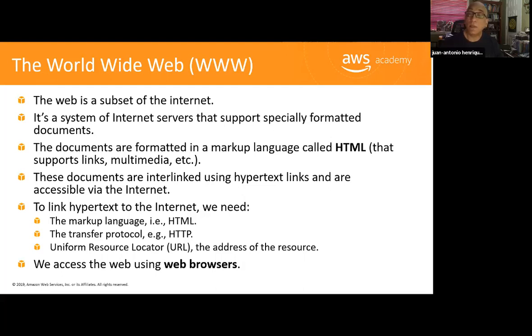These documents are interlinked using hypertext links and are accessible via the internet. To link hypertext to the internet, we need the markup language, we need a transfer protocol, and we need a URL, or the address of the resource. And of course, we access the web using web browsers, okay?